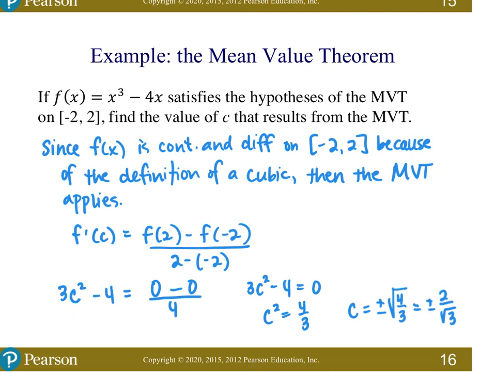So if we were to draw this, we would find out that the 2 and -2 have an average slope, or a secant slope, of 0. That means it's horizontal connecting those two. We would also find out that at 2 over rad 3 and -2 over rad 3, they also have horizontal. So we've got to picture this a minute.